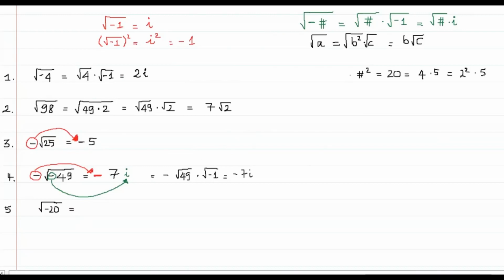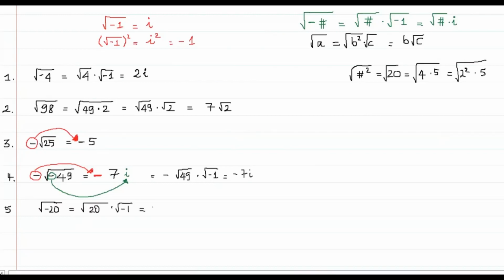So now when we take the root of both sides, we will have, and also don't forget the negative, right? We will rewrite it as square root of 20 times square root of negative 1.